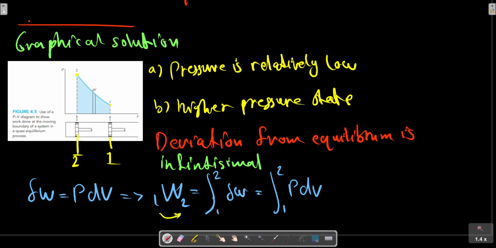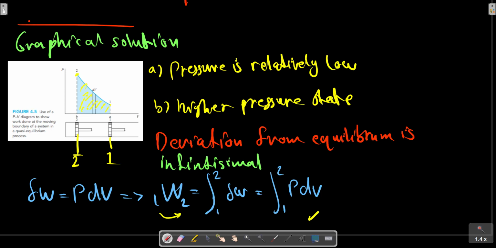It is clear from the PV diagram that the work done during this process is represented by the area under curve 1, 2, the area A-1-2-B-A shown in the blue color.